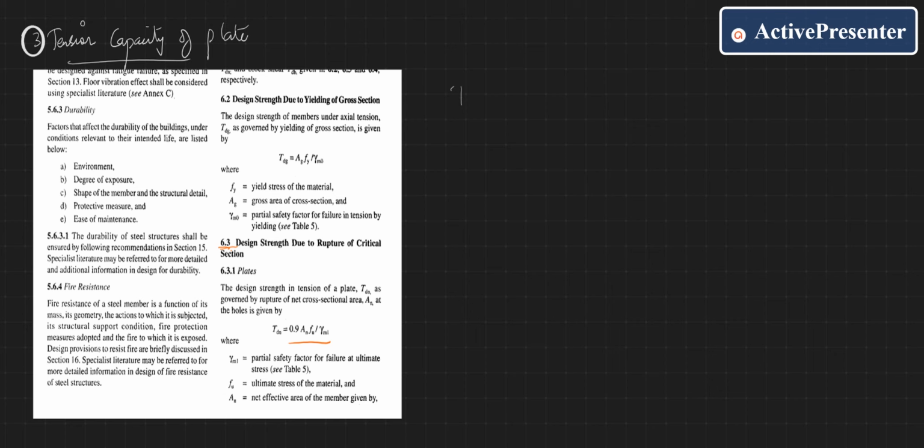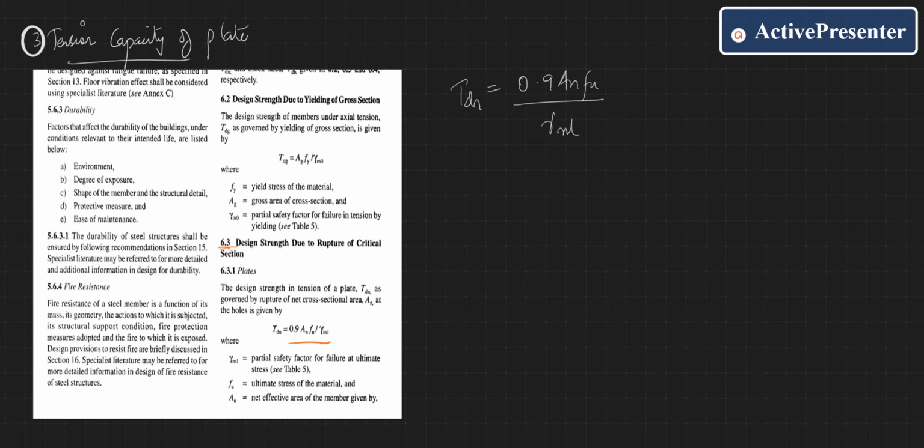That is, you will get TDN, the design strength in tension of a plate. This gamma ml value also you'll get from table number 5. AN is the net effective area of the member. You don't need to memorize the equation, I'll tell you how to do it. And Fu is the ultimate stress of the material.